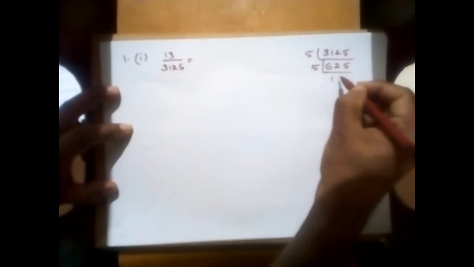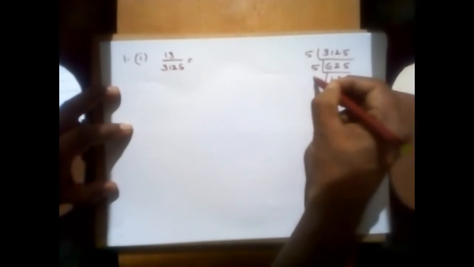13 divided by 3125. We can factorize 3125: 5, 625, then 5, 125, 5, 25, again 5 and 5.